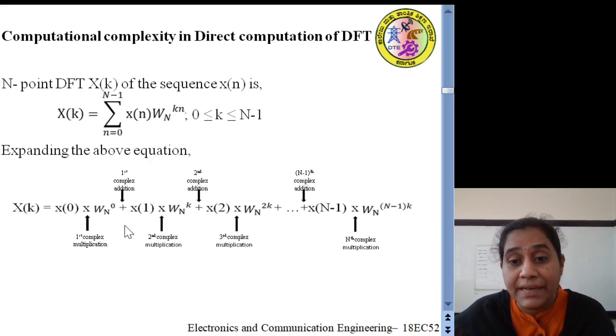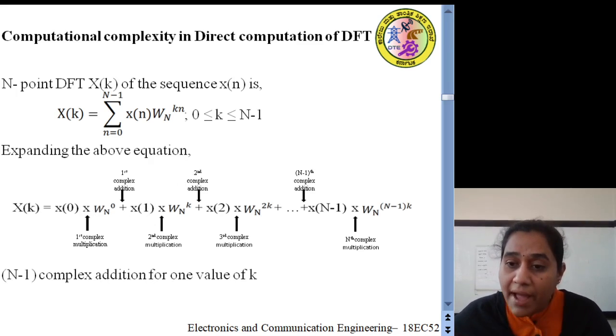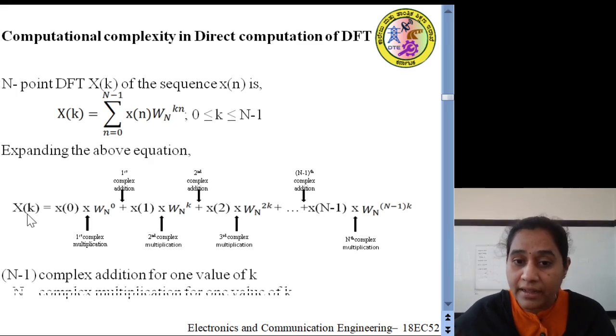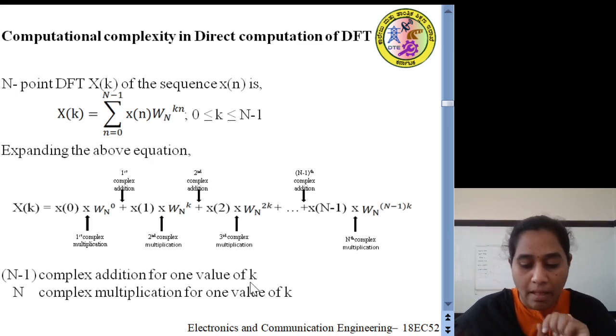So this is a complex addition. Here we can observe there are N minus 1 complex additions involved for finding one value of k, and there are N complex multiplications for one value of k.